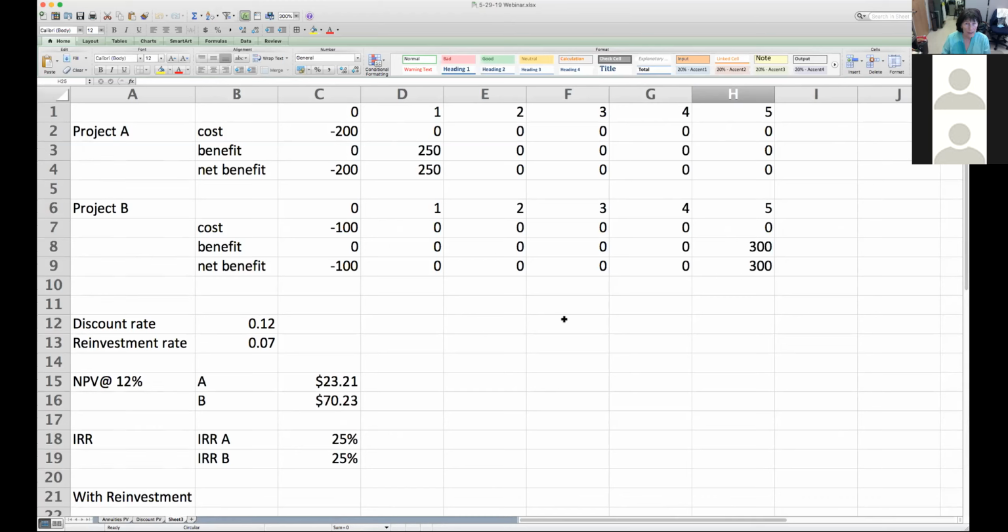So here are 2 different sets of projects. And remember yesterday I was talking about projects with different time scales. If you look at project A and project B, you notice right away that first of all, project A is double the investment, and you get most of the return in that first year, and then you don't get much of anything.